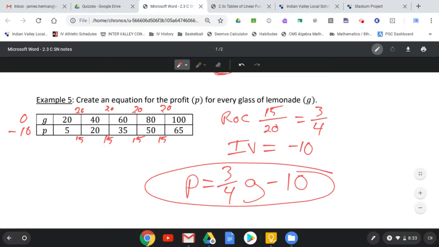How many people got it? Oh, I go too fast. My bad.